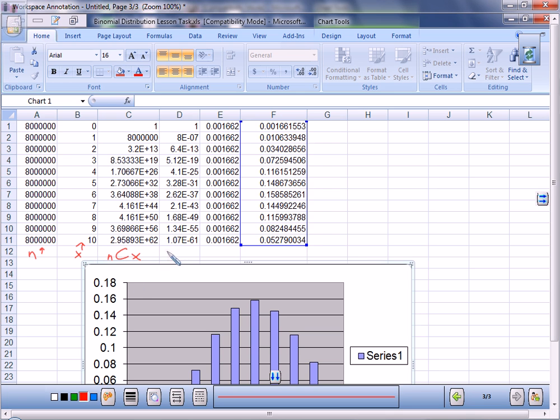And then here I did the probability of success, whatever that probability is, raised to the number of successes, and the probability of failure raised to the rest of them, N minus X. And so then right here I did C, the probability of success to the X, times the probability of failure to the N minus X. That's what this column was.